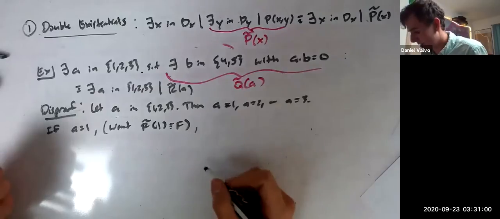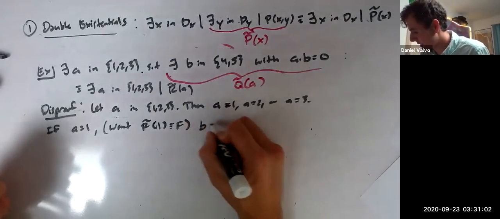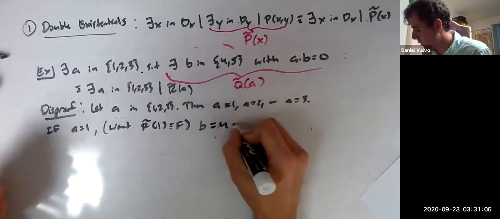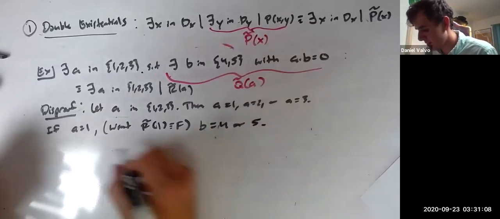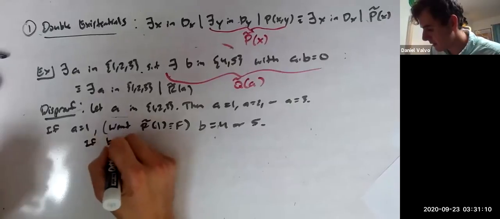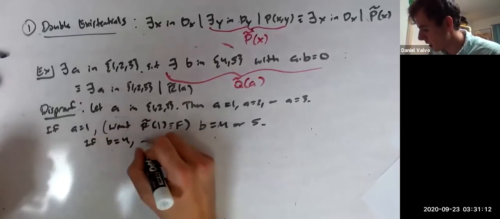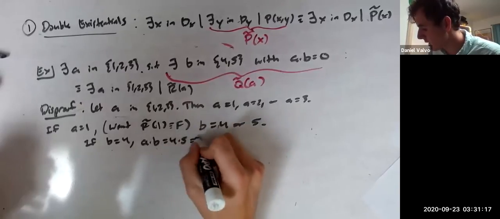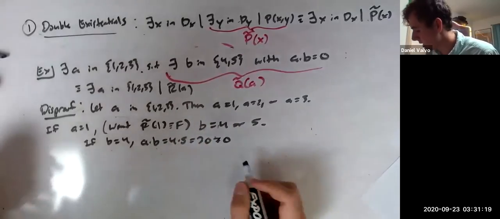So, all right. B can equal 4 or 5. If B equals 4, A times B equals 1 times 4, which equals 4, which is not 0.